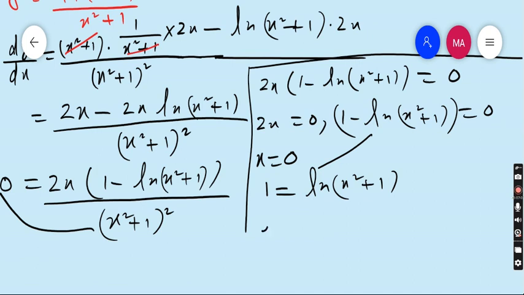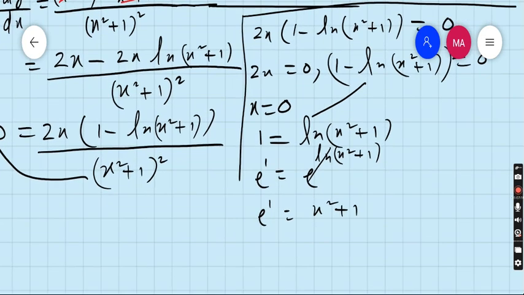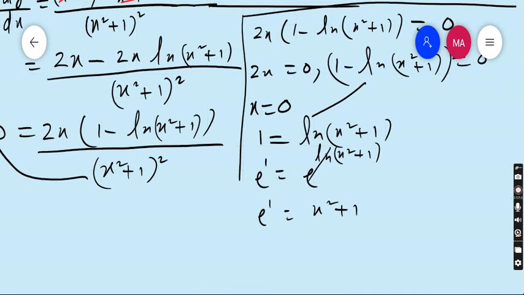Taking e on both sides, e¹ = e power ln(x² + 1). ln and e cancel, x² + 1. So e¹ minus 1 is equal to x².